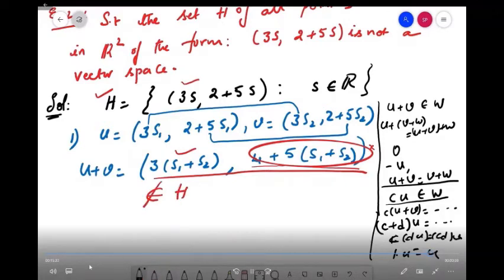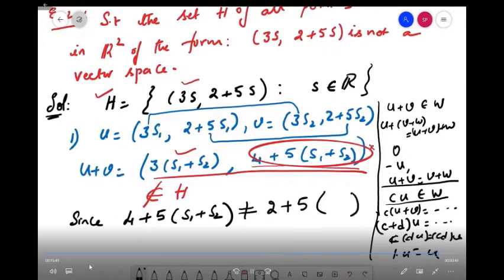Because the second component should be of the form 2 plus 5 into some scalar value, but here it is 4 plus 5(s1 plus s2), which is not of that form. That means the sum u plus v cannot be in H, therefore H cannot form a vector space.